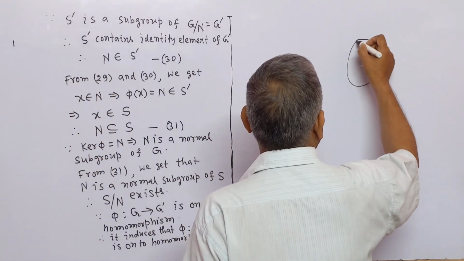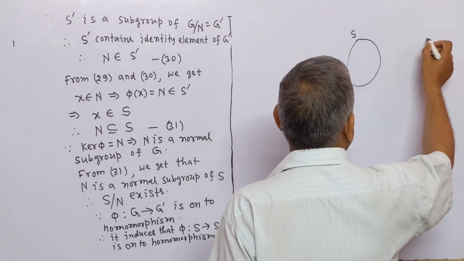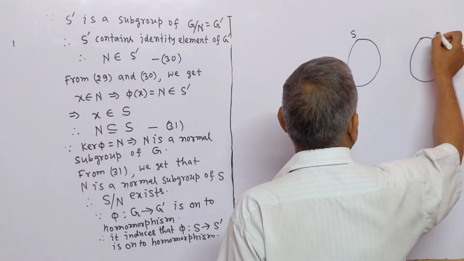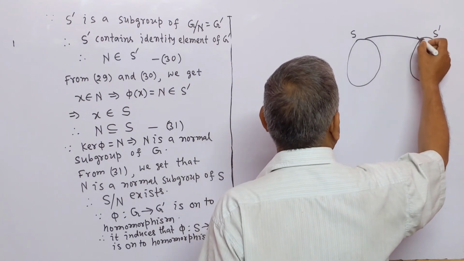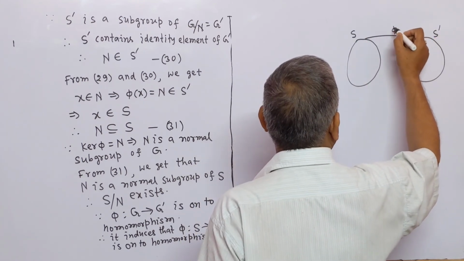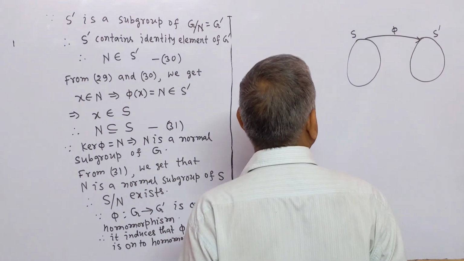This is S and this is S prime. This is phi, an onto homomorphism.